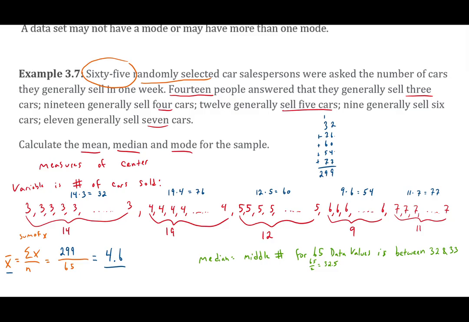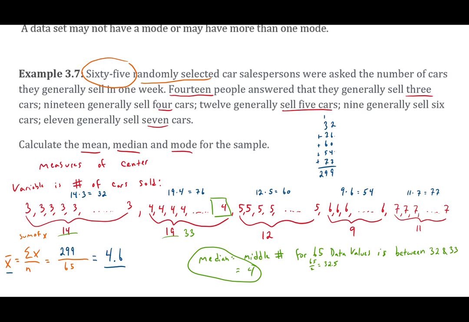If we look, here are the first 14 data values in order. Here are the next 19 data values in order. 14 plus 19 is 33. So the median will be at the end of this list of 19 people that sold 4 cars. So the median will be 4.